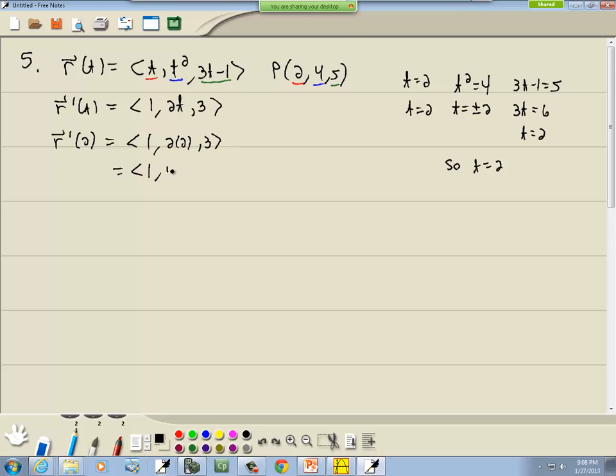Which gives us 1, 4, and 3. Now we need the magnitude at 2. So it'll be the square root of 1 squared plus 4 squared plus 3 squared, which gives us 1 plus 16 plus 9, which gives us square root of 26.